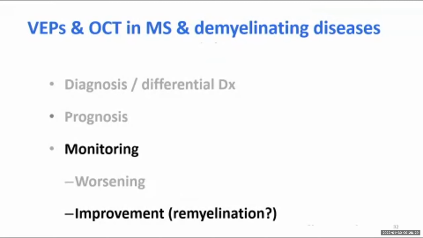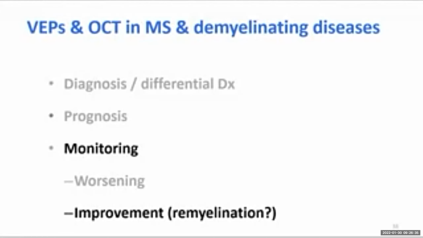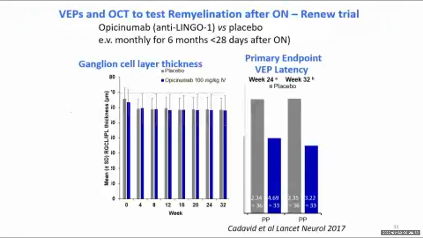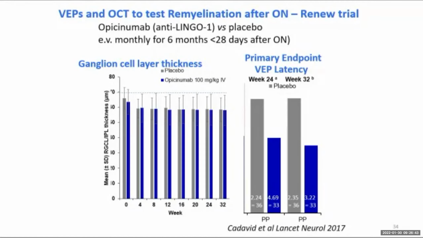And we can use these tools also to show improvement, mainly remyelination. And for this, the best candidate is neurophysiology. For example, after optic neuritis, the VEPs have been used as a primary endpoint in a phase 2 trial using opicinumab, demonstrating a better recovery of VEP latency after optic neuritis.